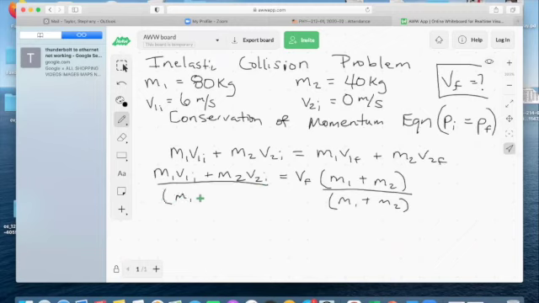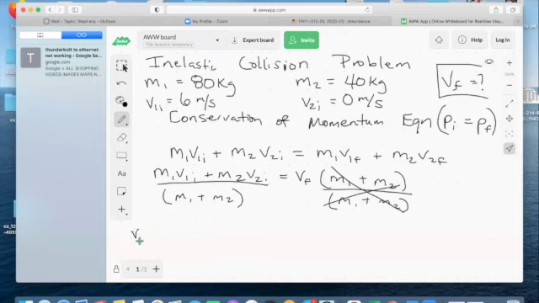So this M1 plus M2 cancels out on this side of the equation, and you end up with V final being equal to the mass of the grandma times the velocity of the grandma initially, plus the mass of the grandson times the velocity of the grandson initially, divided by their masses in the denominator.